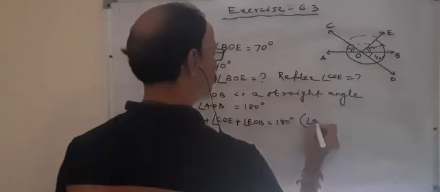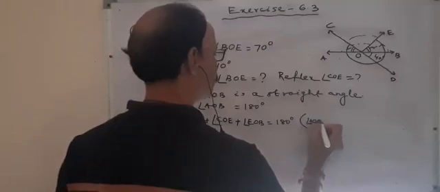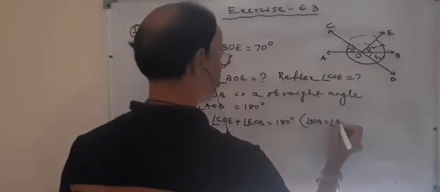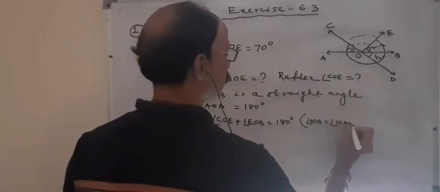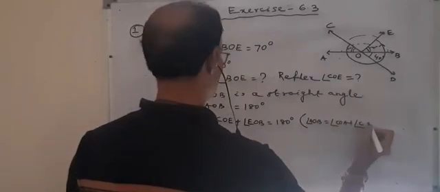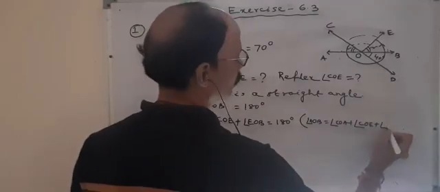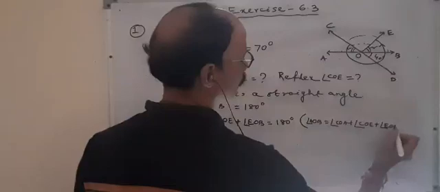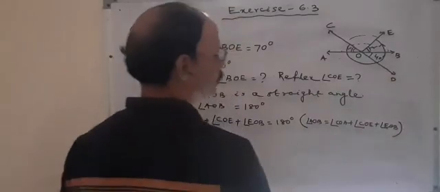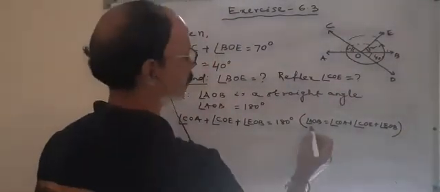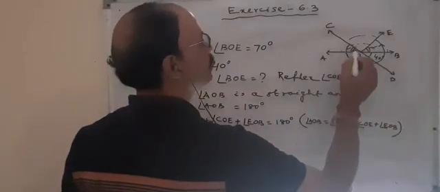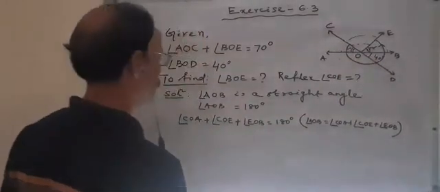Because angle AOB is equal to angle COA plus angle COE plus angle EOB. This angle is the sum of these three angles.